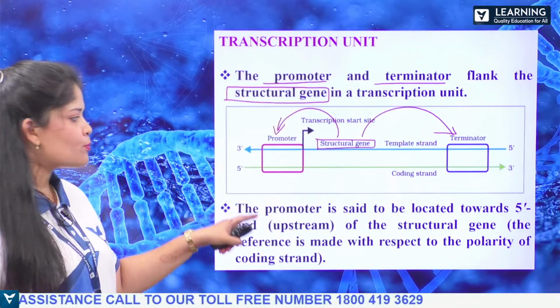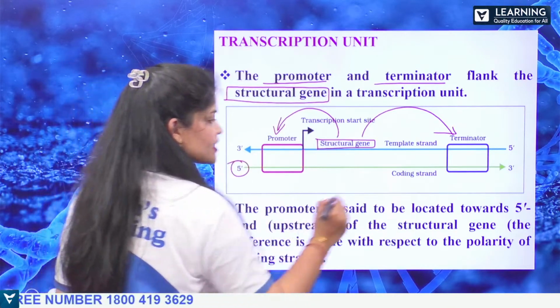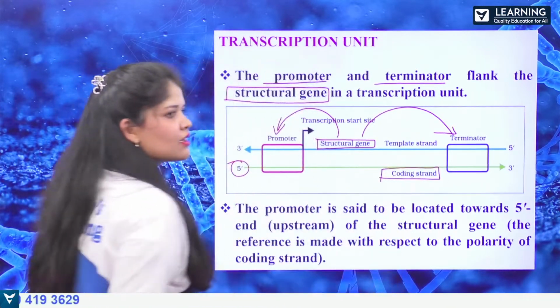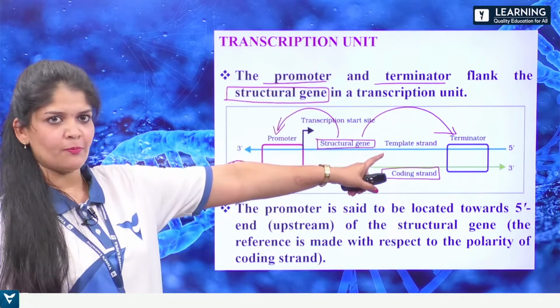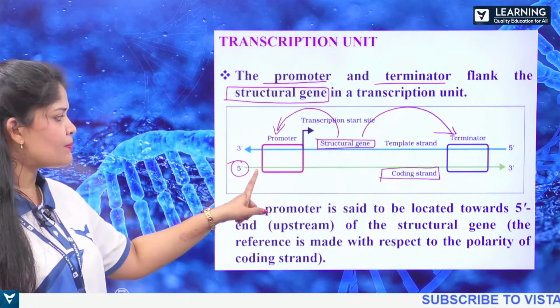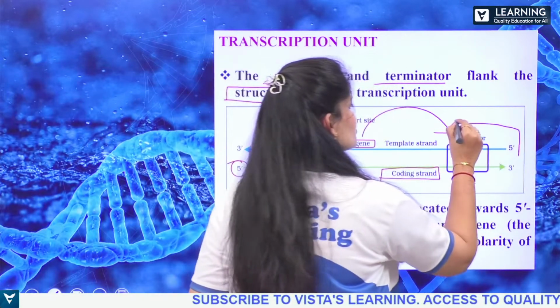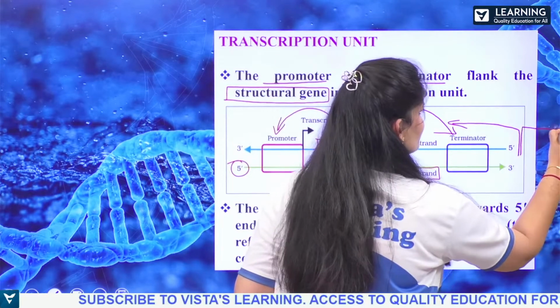Now, the promoter is said to be located towards the 5' end because the reference is the coding strand, not the template strand. Wherever the 5' end is present on the coding strand, towards the 5' end, we call it upstream, downstream.